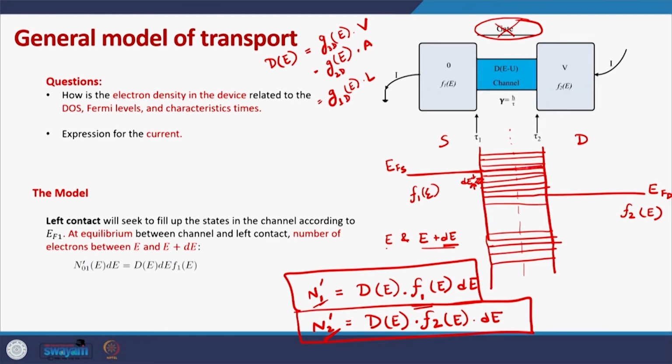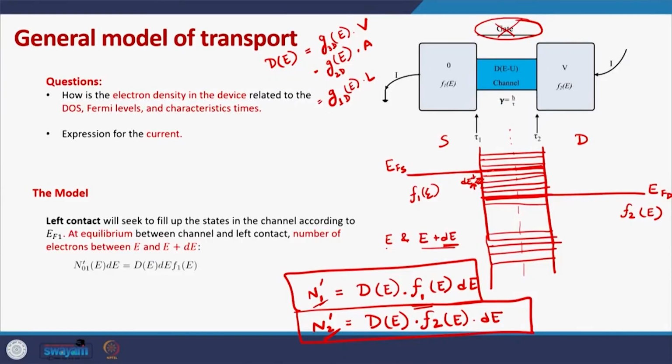Essentially all the states up to this point are filled. The drain contact is trying to make sure that N2 prime electrons are there in the channel. Up to this point states are filled. In steady state, when both contacts are connected, the electronic population will be somewhere in between N1 prime and N2 prime.